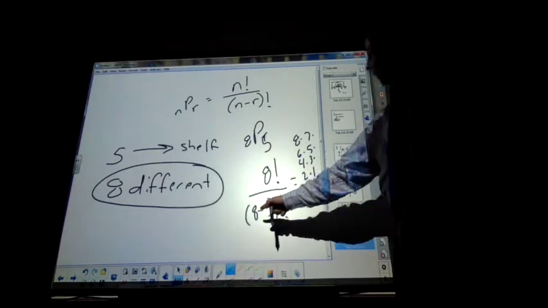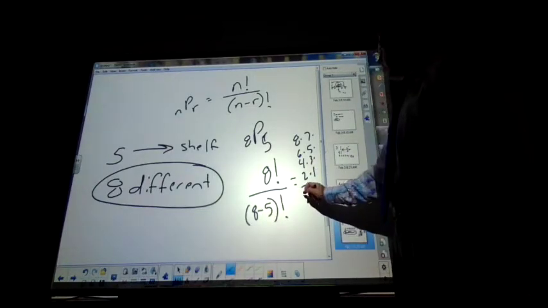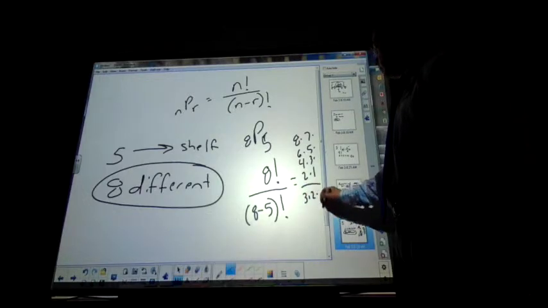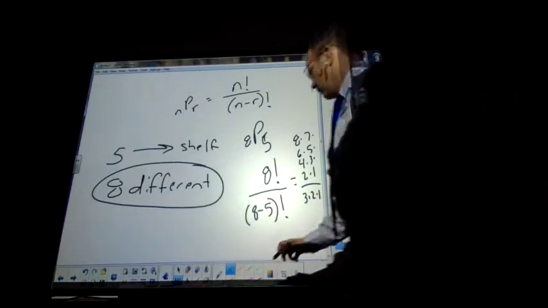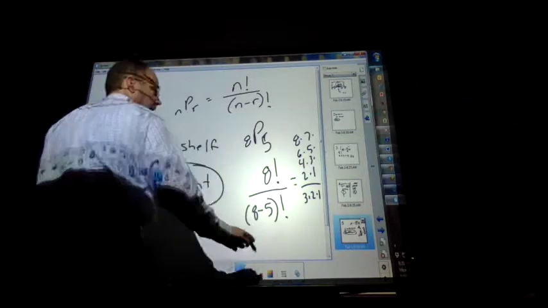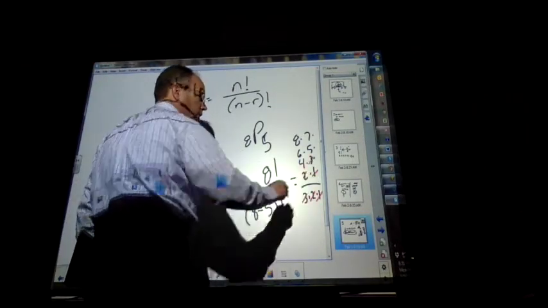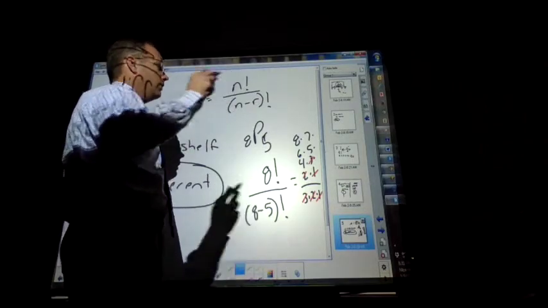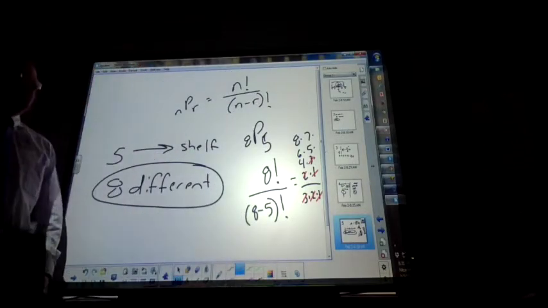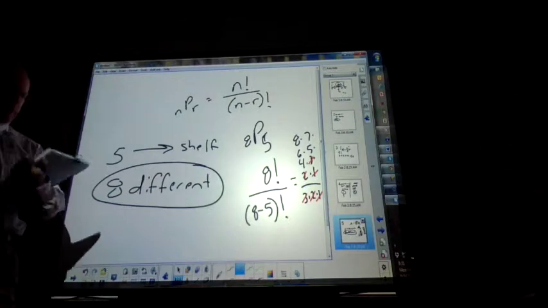And then 8 minus 5 is 3, so 3 factorial is 3 times 2 times 1. And an easier way to sometimes go through these is start canceling out. The 1 cancels the 1, the 2 cancels the 2, the 3 cancels the 3. Now you just have 8 times 7 times 6 times 5 times 4 multiplied together.